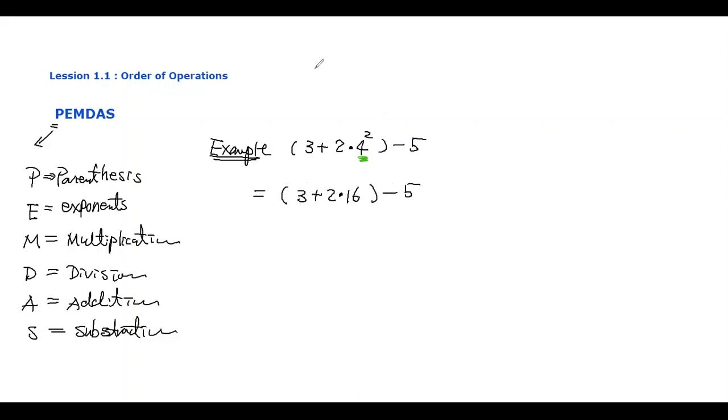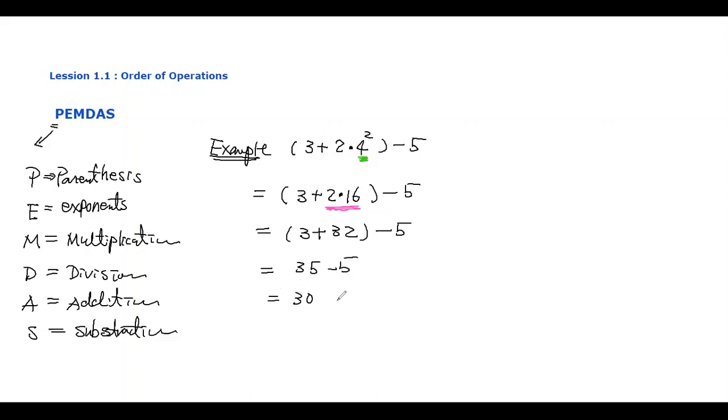The next thing is multiplication. I still have the parentheses, but inside I do the multiplication first because multiplication takes priority over addition. So 2 times 16 is 32, and this is 3 plus 32, then still minus 5. Remember the parentheses take the priority, so this is 35 minus 5, which is 30.